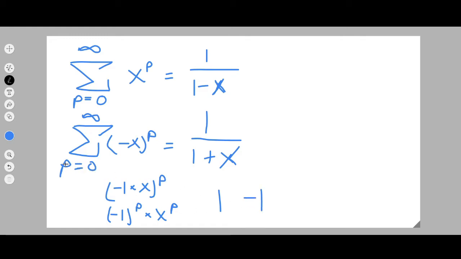We go to p equals 2, that's negative 1 times negative 1, so that's positive 1 again. Then 3 is negative 1, then p equals 4, that's positive 1. So we have an alternating sign for the x to the p. So x to the p minus x to the p plus x to the p minus x to the p plus x to the p, and so on and so forth. So we have our alternating series already.